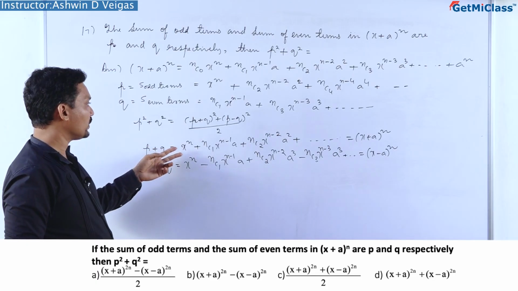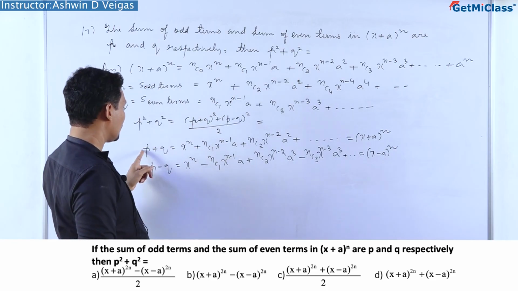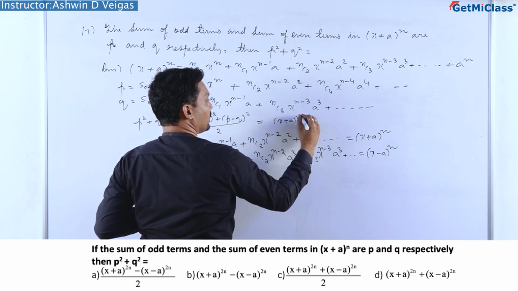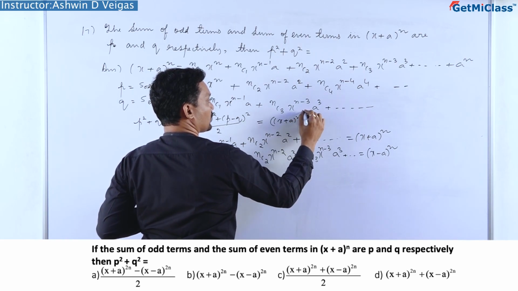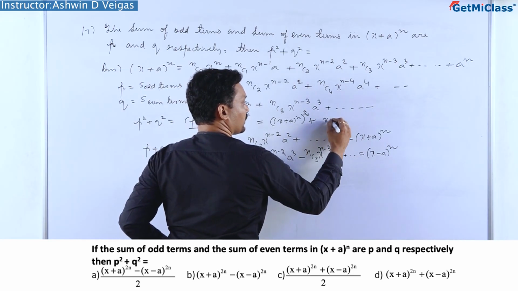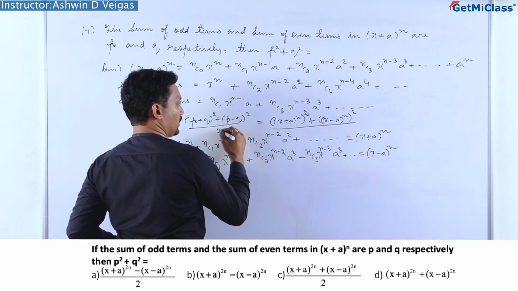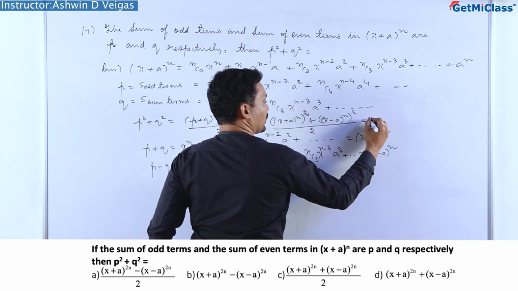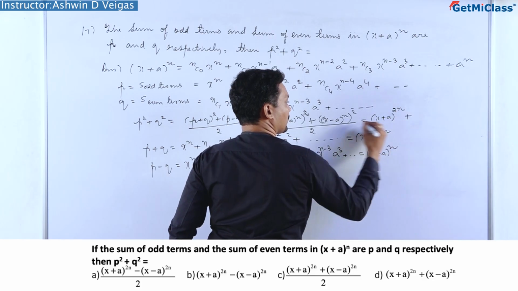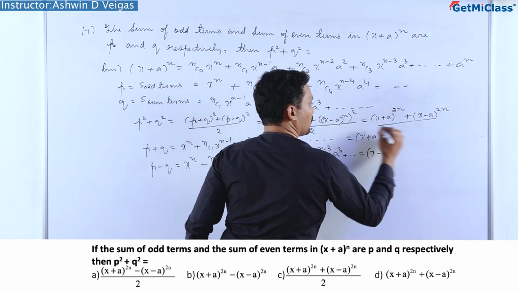Okay. Now, I will substitute this here. So, this is (p + q) whole square, so square of this: ((x + a)^n)² plus (p − q)², here ((x − a)^n)², divided by 2, and here you are going to get (x + a)^(2n) + (x − a)^(2n), divided by 2.